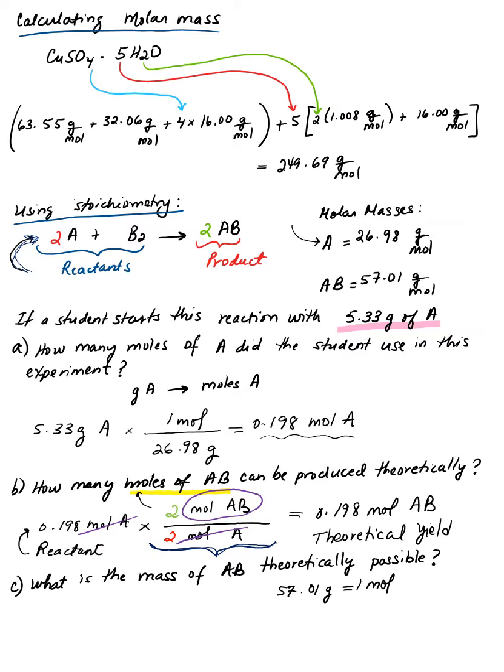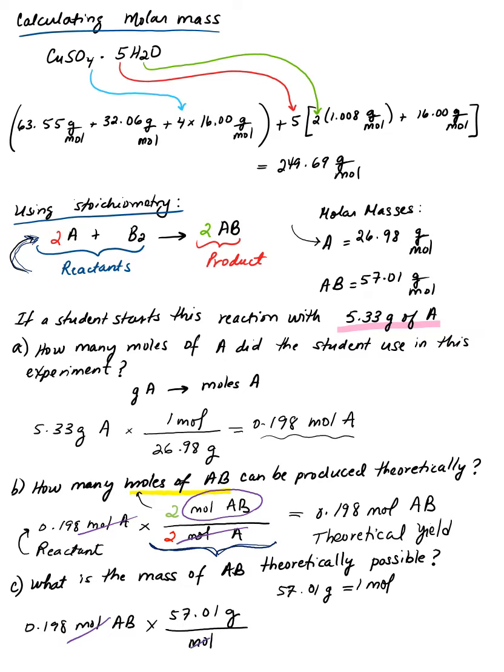That's what we're doing in letter C. So the amount of AB that you have in moles, 0.198 moles of AB, you can convert that amount of moles to grams by multiplying by the molar mass. So the molar mass of AB, if it's 57.01 grams for every mole.